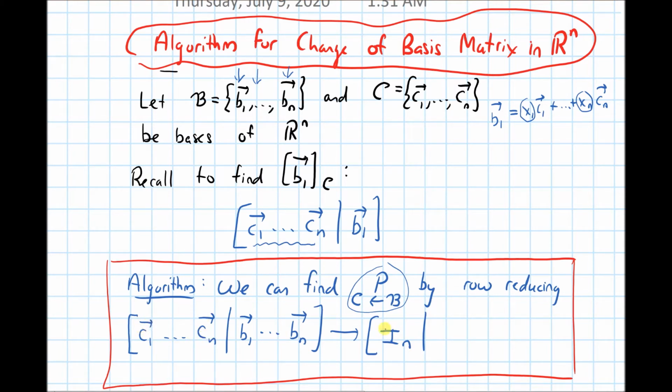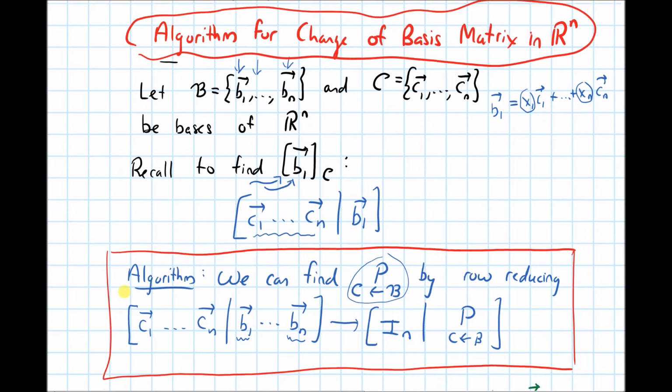On the right-hand side, each of these columns will row reduce to a coordinate vector, so I will get the change of basis matrix here. Remember, the columns of the change of basis matrix were these coordinate vectors.